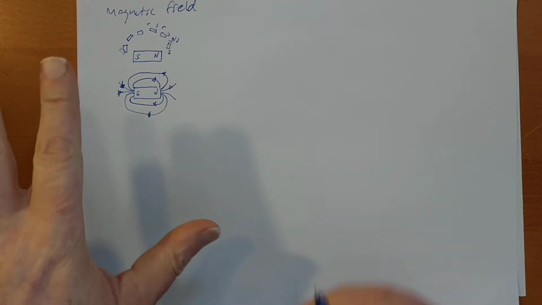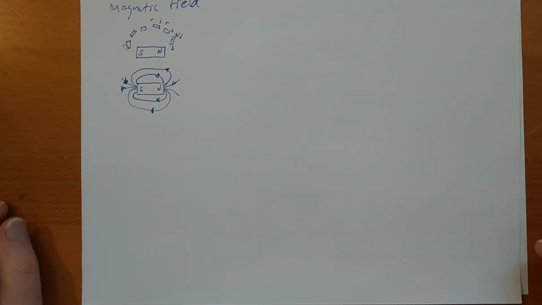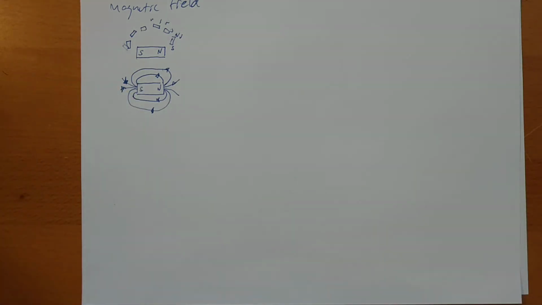Okay, so in old times they found out the magnetic forces, and that north and south poles attract, and north poles repel, south poles repel, so it's similar to charge.